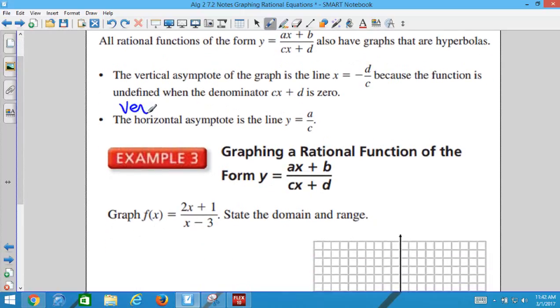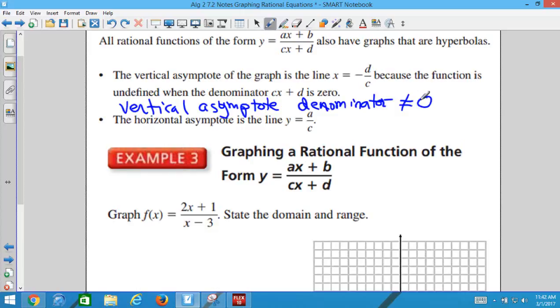For the vertical asymptote, the denominator cannot equal 0.